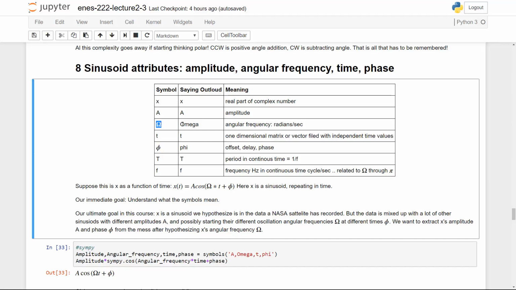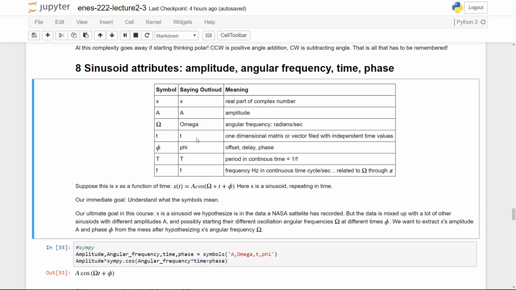Capital omega, it's a Greek symbol, is the angular frequency in radians per second. And this is our starting point, not frequency. Frequency is a derivative of the angular frequency. Period is a derivative of the frequency, and ultimately the angular frequency. So these two basically follow from omega.